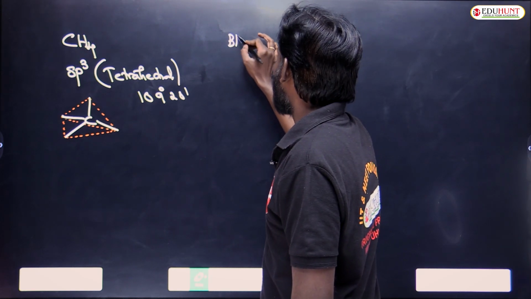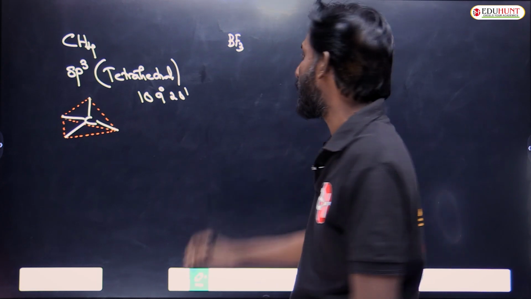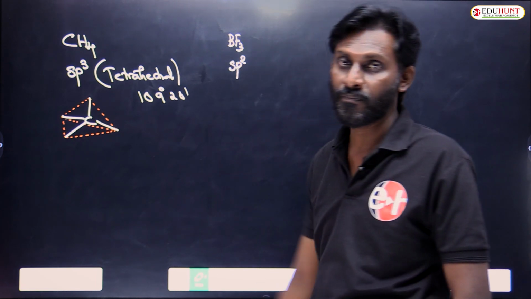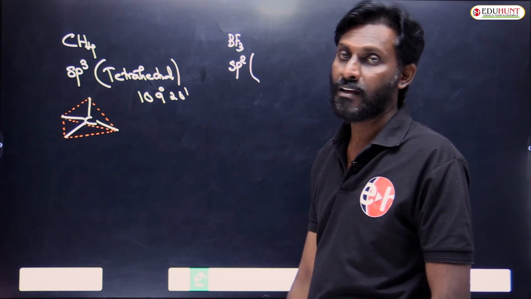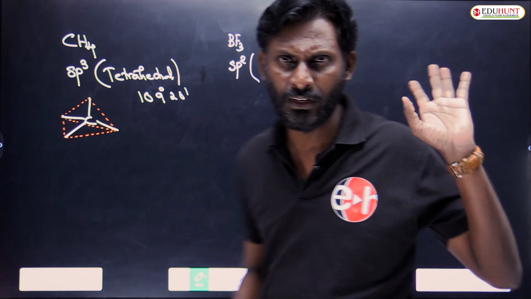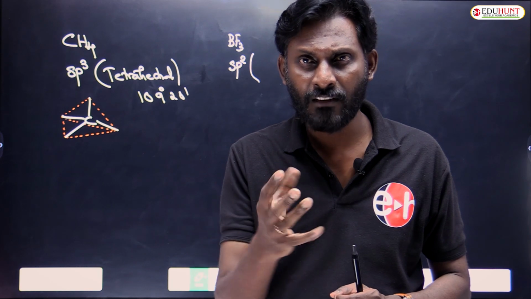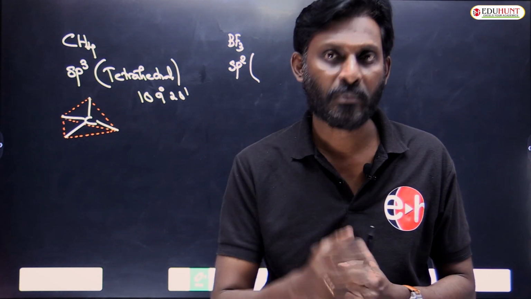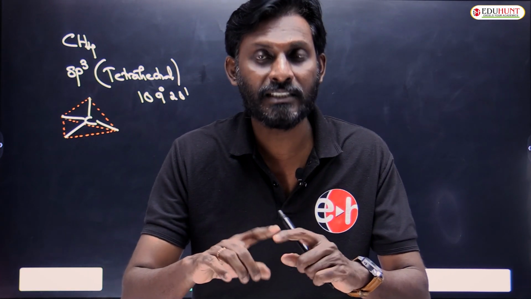See, boron trifluoride. Immediately, what is the hybridization of the central atom? The hybridization of the central atom is found to be sp2. And this hybridization suggests the geometry to be, why? I told you during that hybridization class, after the formation of hybrid orbitals, the hybrid orbitals will orient in space.